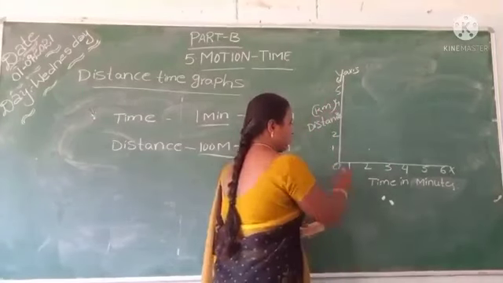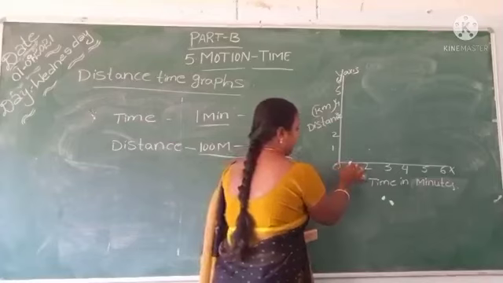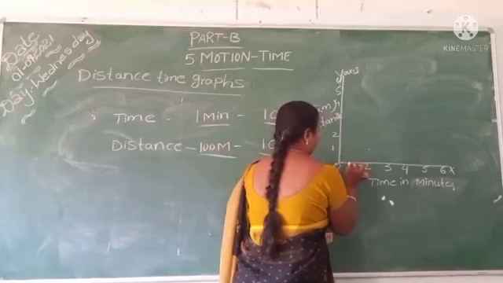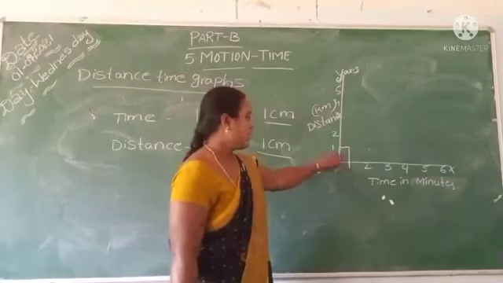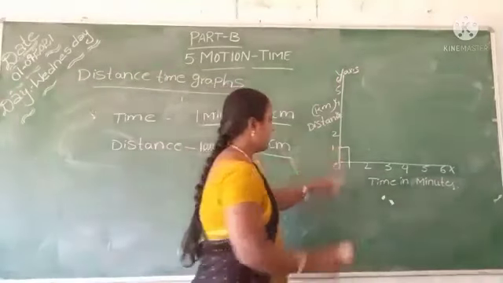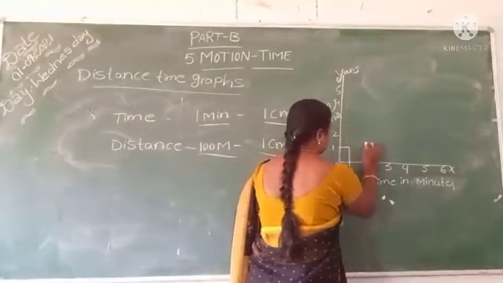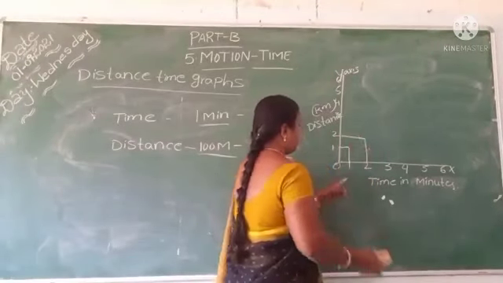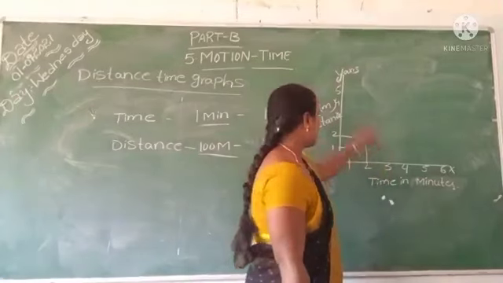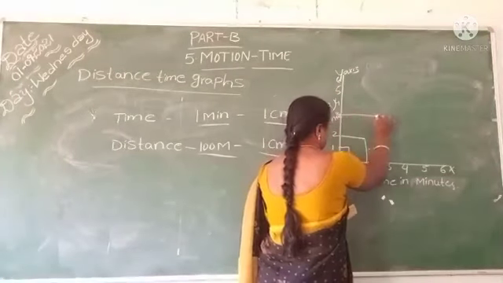So, when we travel from here, in 1 minute we can travel 100 meters. When we travel in 2 minutes we can travel 200 meters. When we travel in 3 minutes we can travel 300 meters.